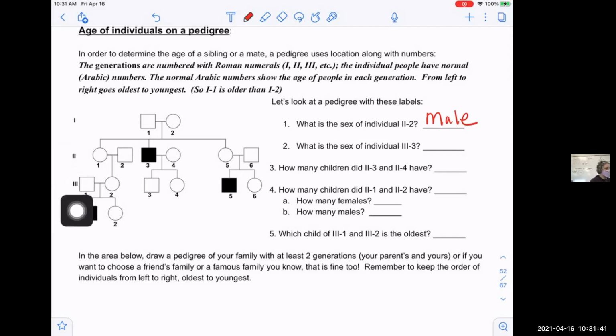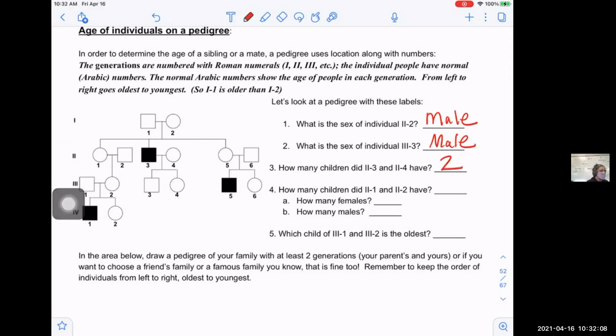We're going to count over 1, 2, 3. This is another square. So we have another male. All right. How many children did 2-3 and 2-4 have? So here's 2-3 and 2-4. They have a descent line and 2 siblings right here. There's 2. Son and a daughter.